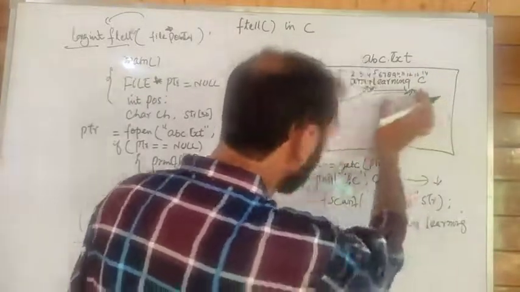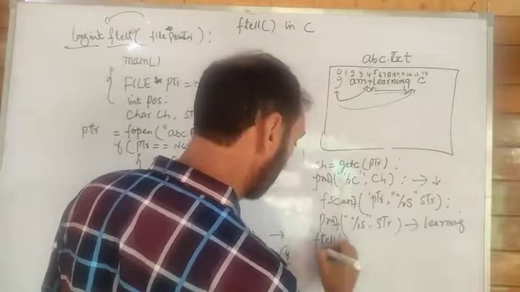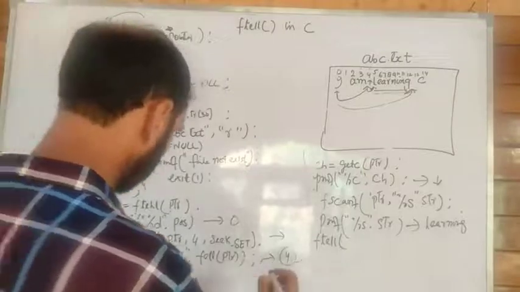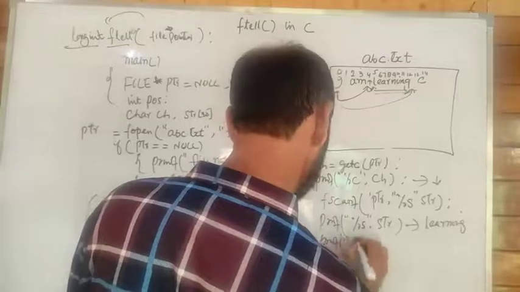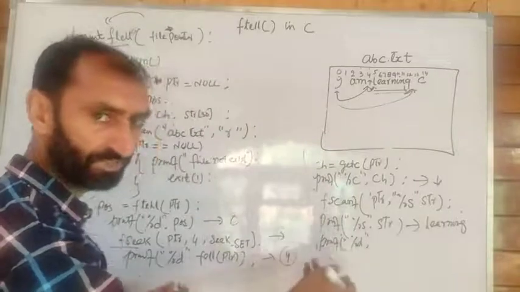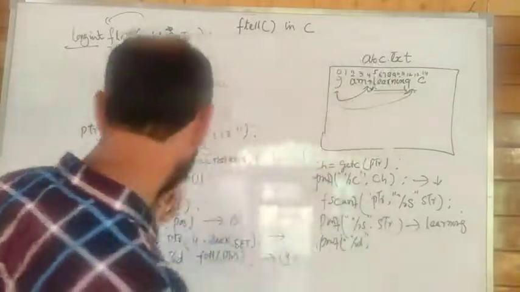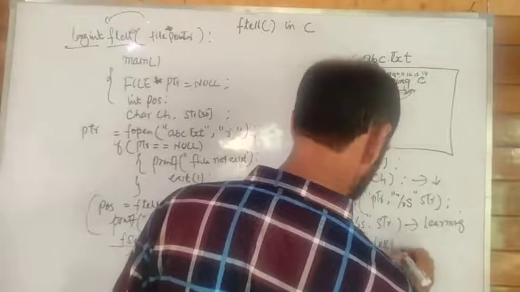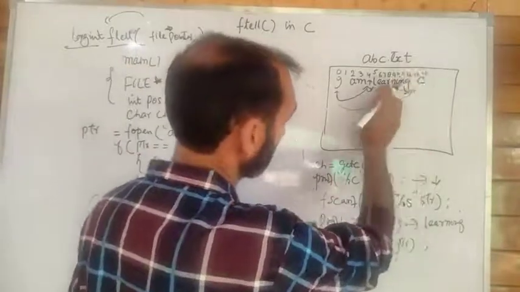Now if we want to know the exact position of this file pointer, we can simply write printf %d ftell ptr, because ftell will return an integer, and the format specifier for an integer is %d.